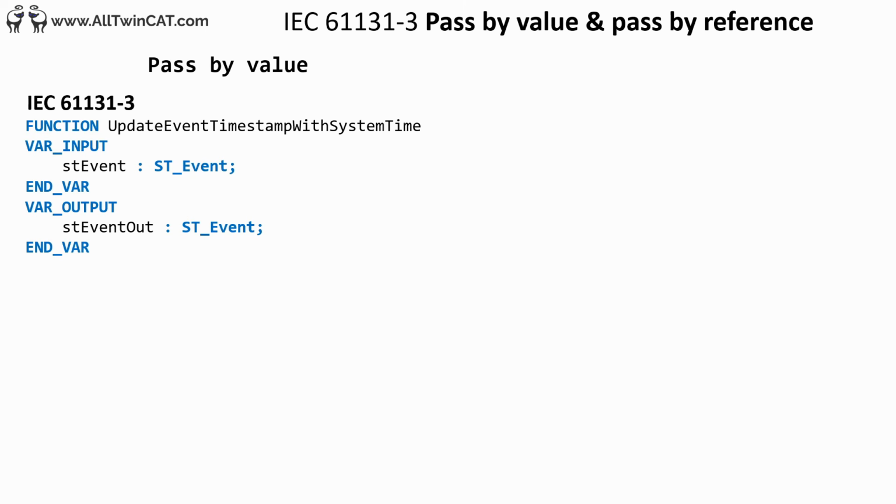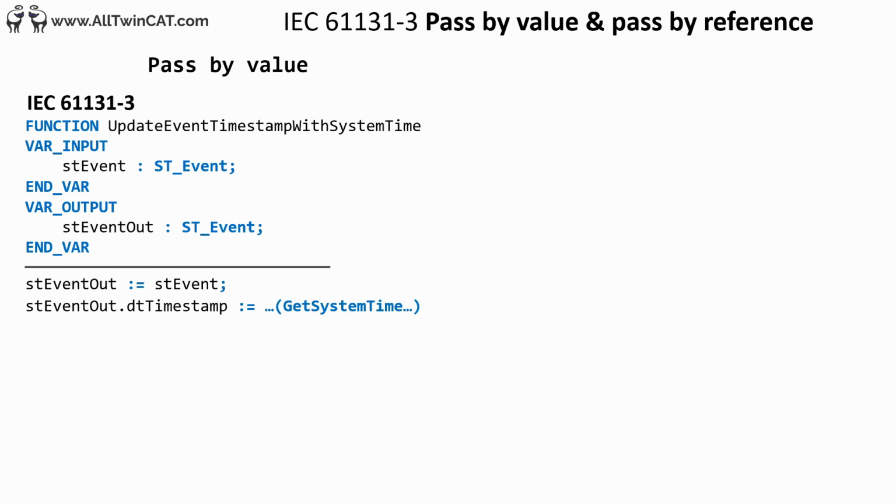In this example, we are providing the structure by value, and thus a copy is made internally in the function. To return a structure with a modified date and time value, we need to provide an output parameter, here called stEventOut. First, we would need to copy the complete content of the input parameter to the output parameter. And next we would set the timestamp of the output structure to the system time of the PLC.